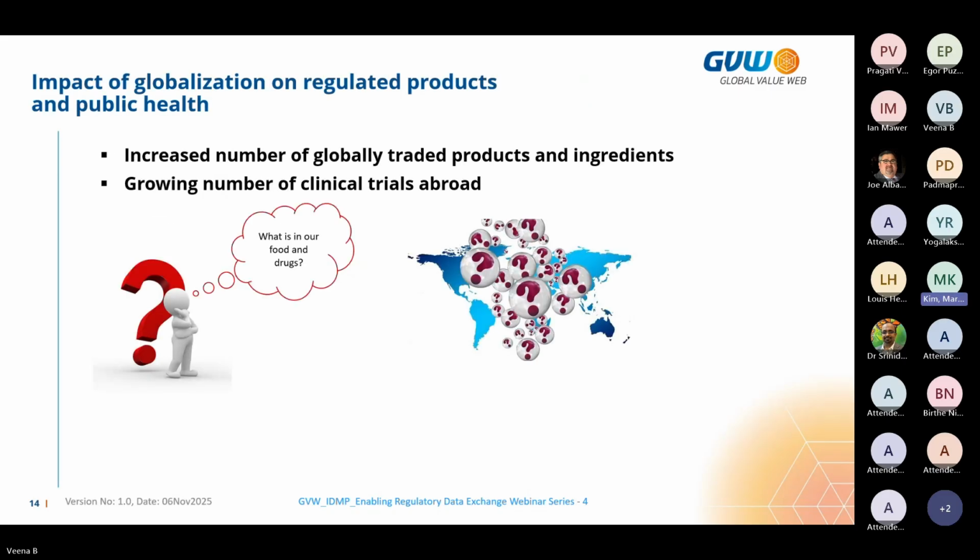Okay, so globalization has a major impact on regulated products and public health. It impacts our globally traded medicinal products, our food, the ingredients that go inside it, and even the clinical trials abroad. And we know that, for example, in the US, many trials were already going abroad, but now they're definitely going abroad.